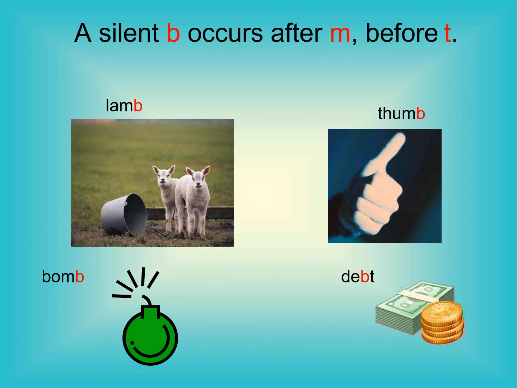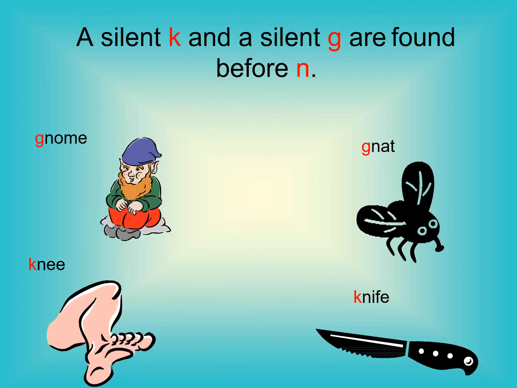And then the silent B also occurs before T, as in a word like debt. A silent K can be found before N in words like knee and knife. In words like gnome and gnat, a silent G can be found before N.